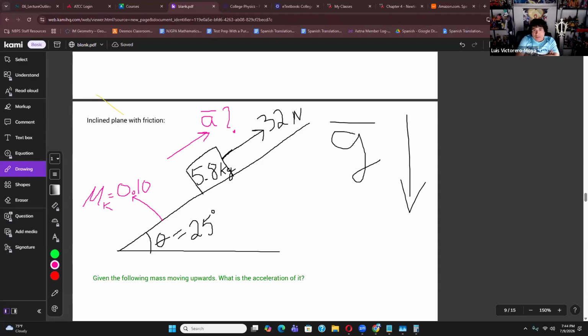All right, so I have an answer here. It seems right based on the values. So what do we do? What's the first step in this problem?